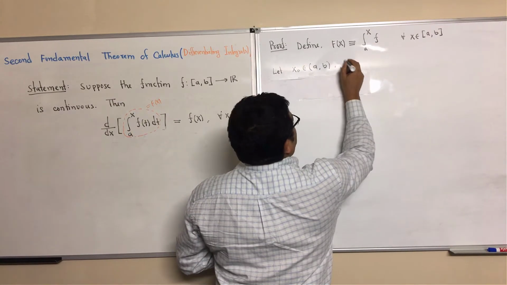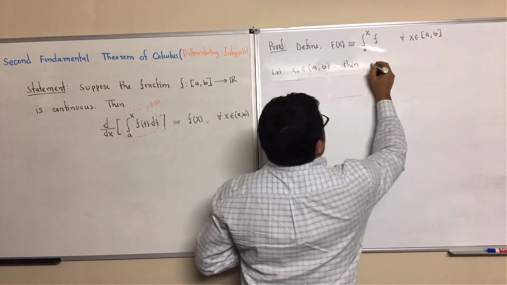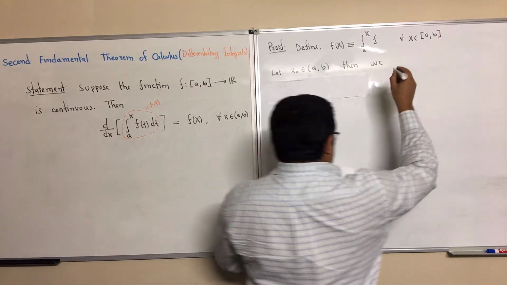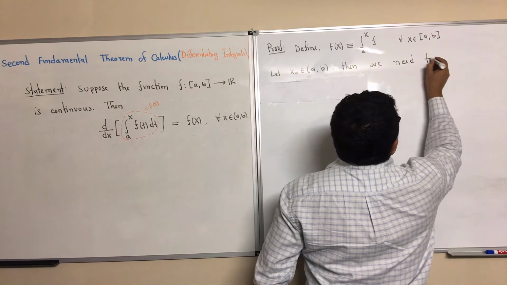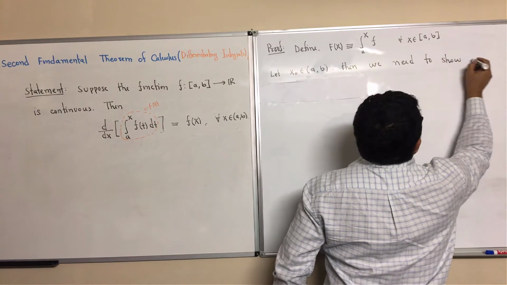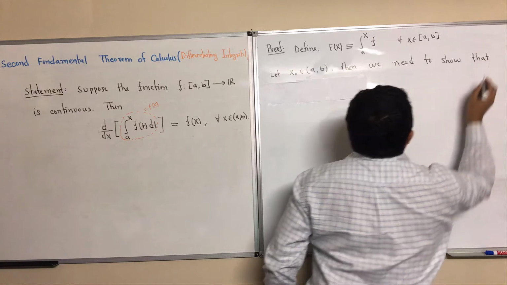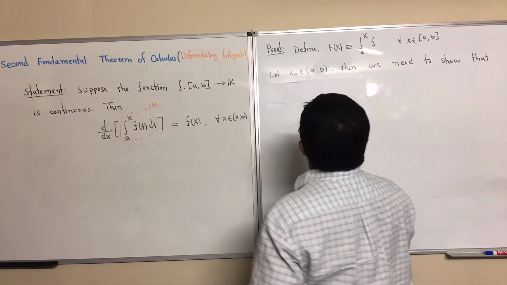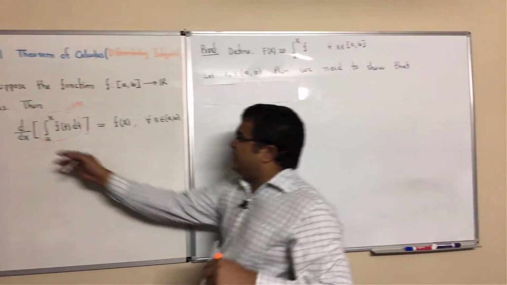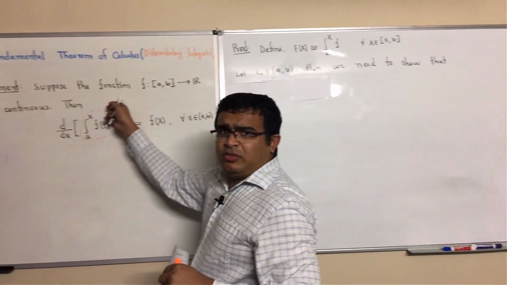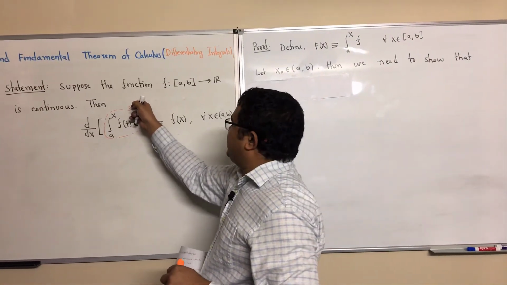Then we need to show that, if this is F(x) and you take its derivative, it will be F prime of x.